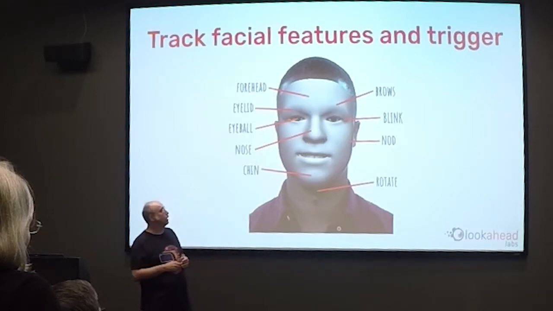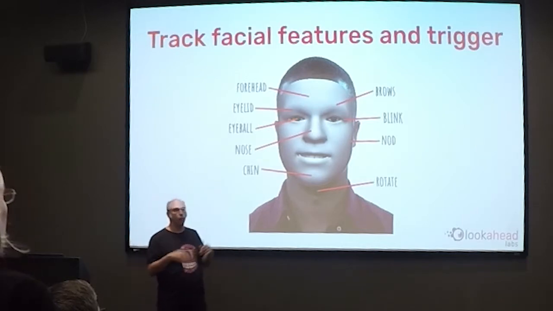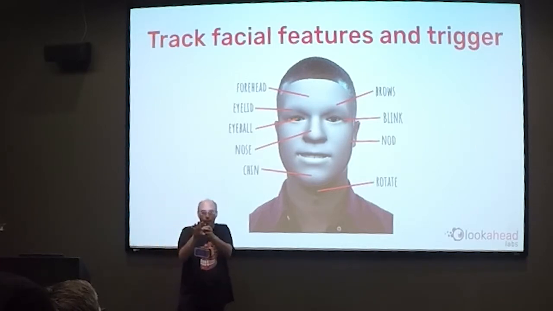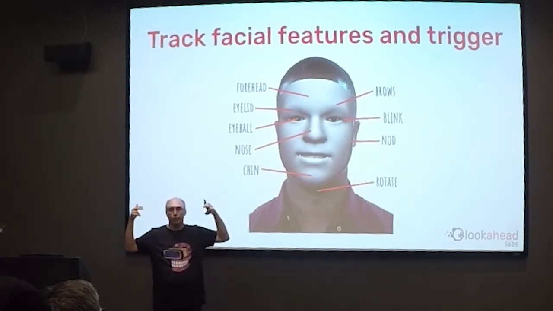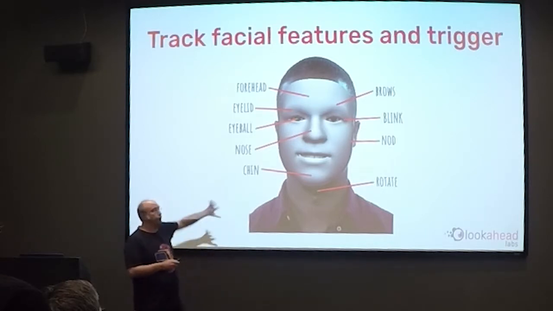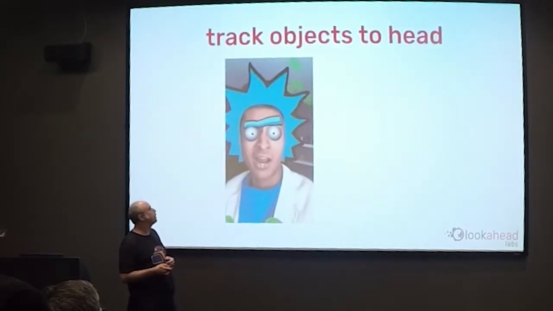Also, you can use all of those things as triggers. You can say, when somebody blinks their eyes, I'm going to change the glasses on their face. By giving you access to all those features, it opens up the interface possibilities for your users.